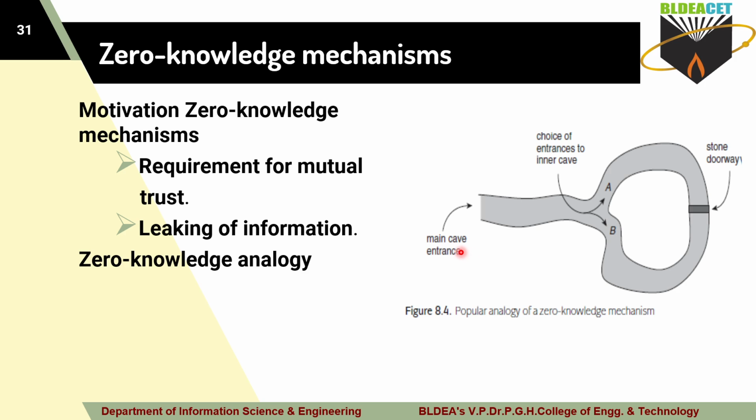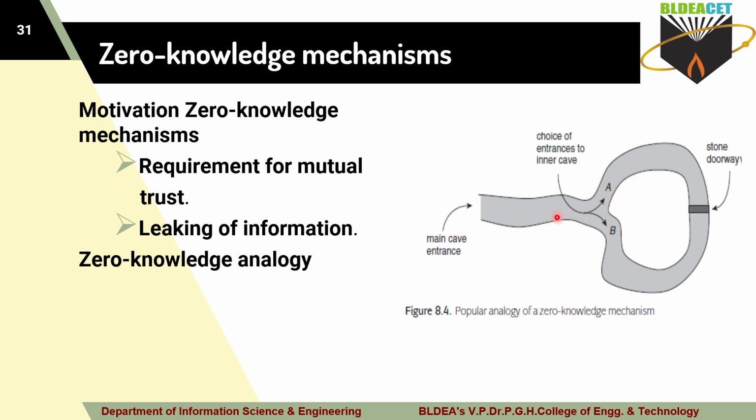In the main cave entrance, I am the user, so I can't directly enter here. I have to take the help of the guide as a verifier. With the help of the verifier, I will enter this cave, and after entering I have two paths here, A and B. With the help of the guide, you have to choose any one path here. The guide knows the knowledge of this path.